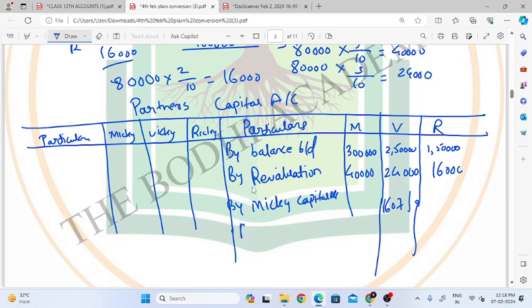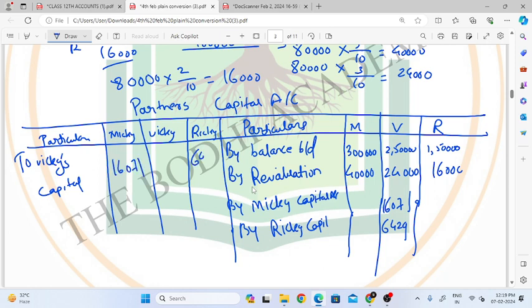Then by Ricky's capital, we got it as 6,429, and both the things you have to transfer on this side. So to Vicky's capital, as under this head, 16,071 Mickey's head and 6,429.